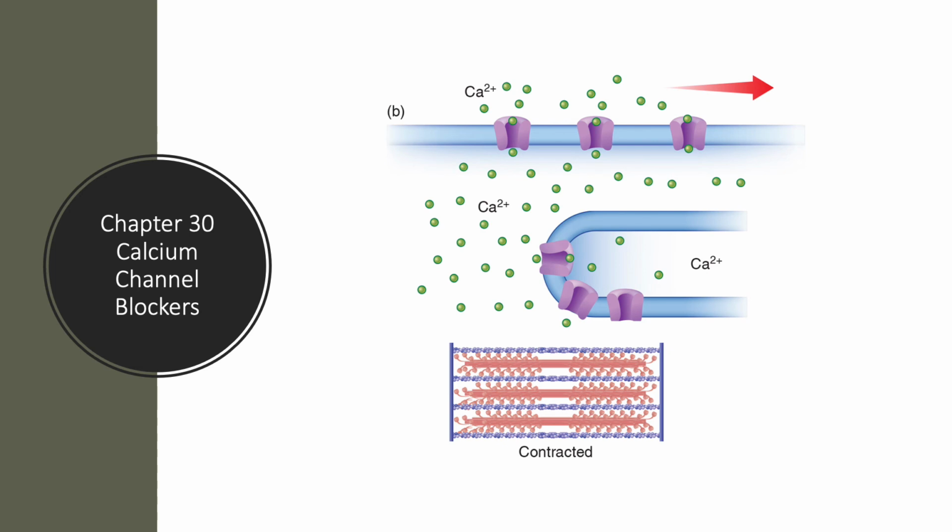And the non-dihydropyridine calcium channel blockers. And these vasodilate, just like the other ones, but they also slow down the heart and reduce contractility, reduce inotropy. Okay, and we'll talk about the differences coming up in another slide.